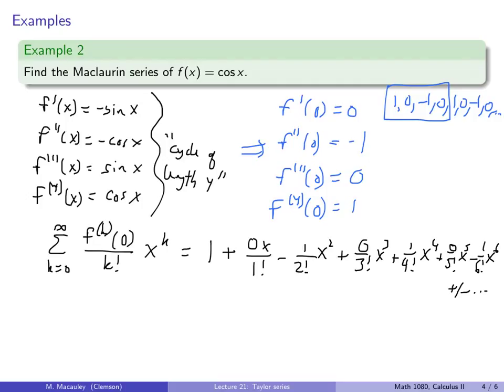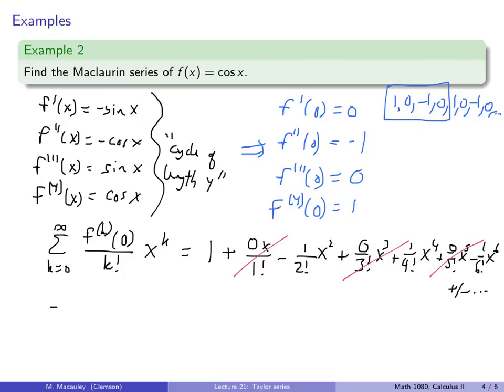So there's clearly something repeating here. Hopefully you can see the pattern. On top it's 1, 0, -1, 0, 1, 0, -1, 0. And so in the end, we lose all of the odd degree terms.